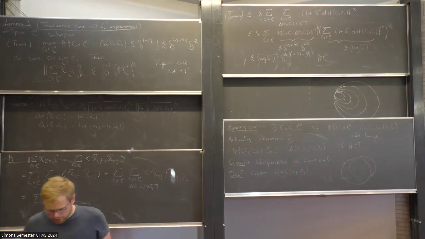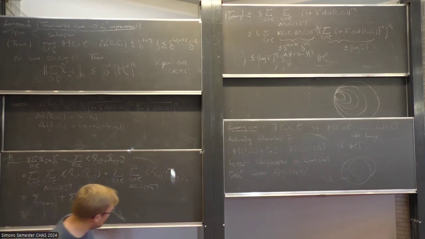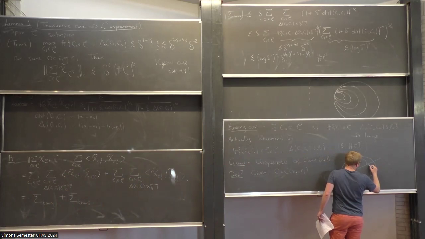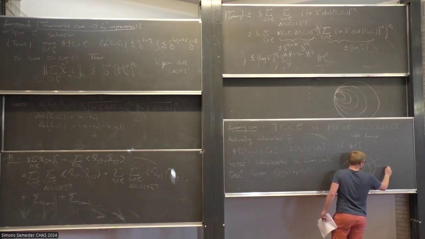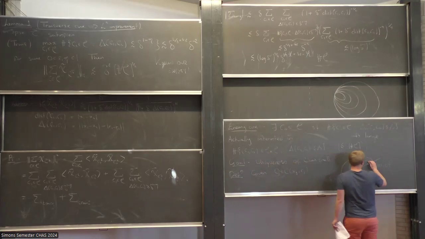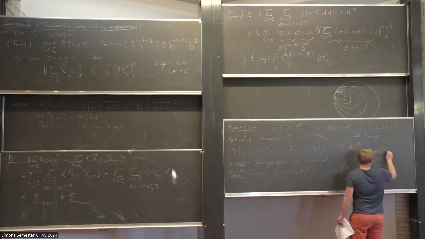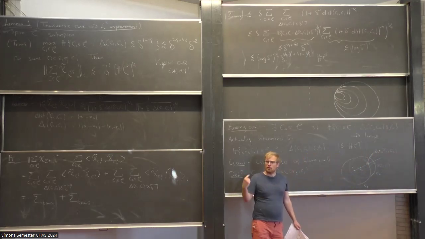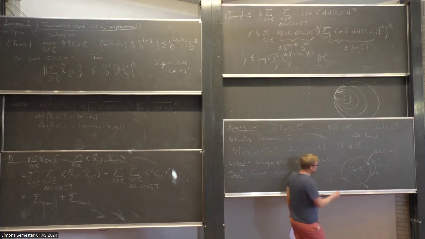So we've already introduced this delta quantity. Remember, delta is its length. So I'm going to introduce another definition, which is the direction of tangency, which is going to be something I call omega of C1, C2. So omega of C1, C2 is the point on C1 at which the almost tangency occurs. You can see what that means in this picture here.